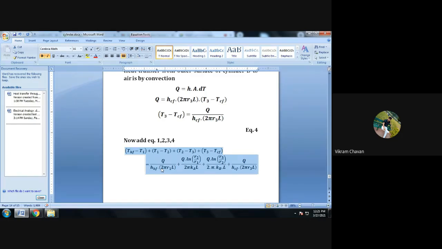Very lengthy equation. You can use 2-3 lines for writing it. So write down the equation properly.